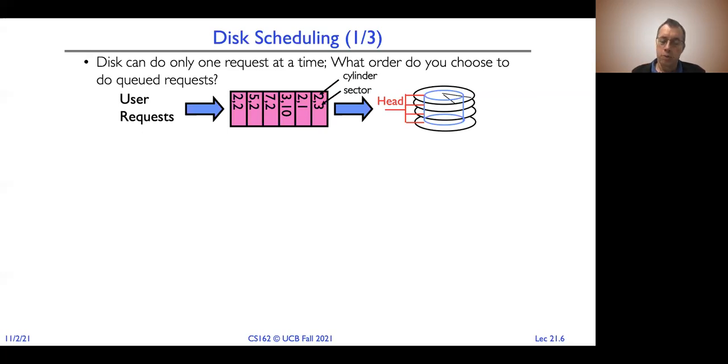So when a request comes in from the operating system to read or write on the disk, it typically tells you the cylinder, the surface, and the sector. Here we are considering a simpler example where you have just the cylinder and the sector, and this is how the request looks.